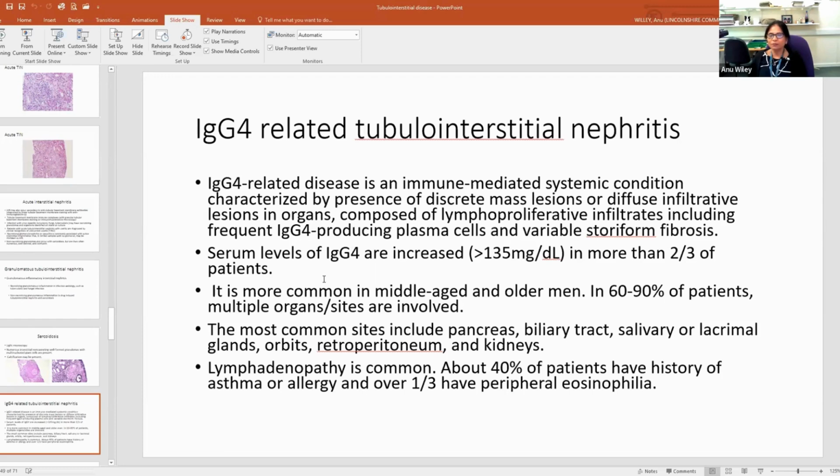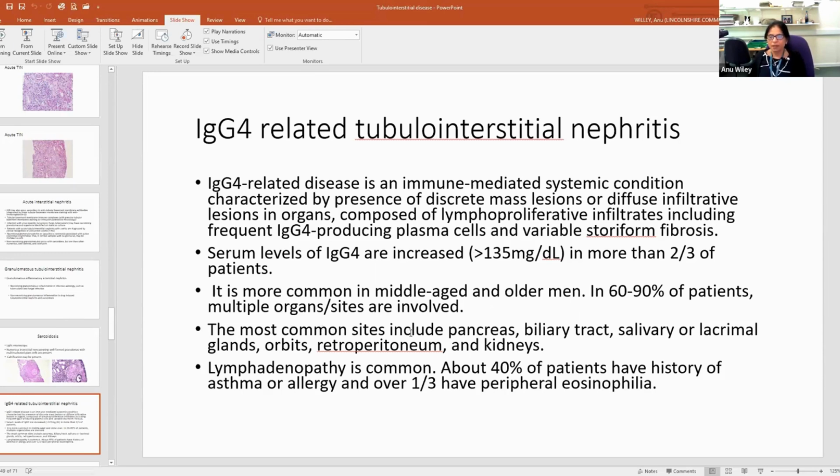Normally, serology is very helpful because patients will have high serum IgG4 levels, more than 135 milligrams per deciliter, and you will see this in more than two-thirds, not all, of the patients. It more commonly involves middle-aged men, and 60 to 90% of patients will have multiple other organs or sites involved.